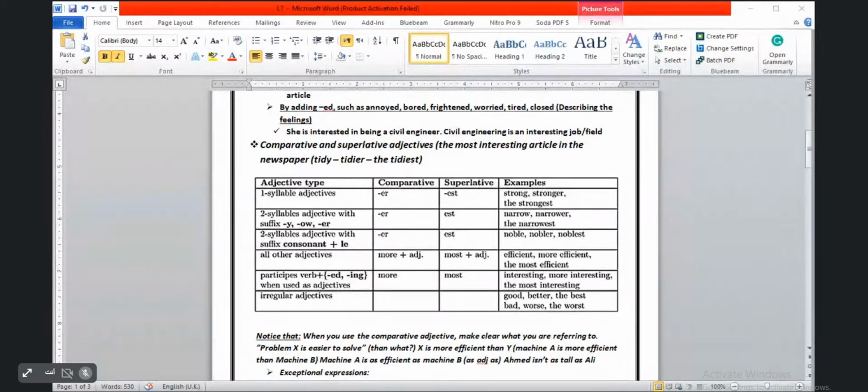Yes, I'll repeat. Taha, we are talking about using more and most with adjectives for comparison and superlative. Can you give us an example for using more or most? Yes, Doctor, I have.